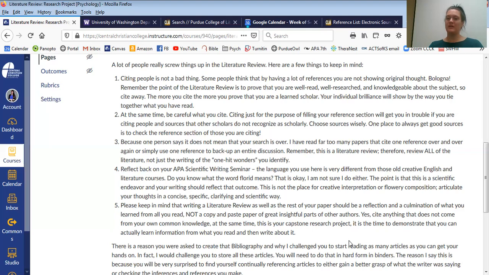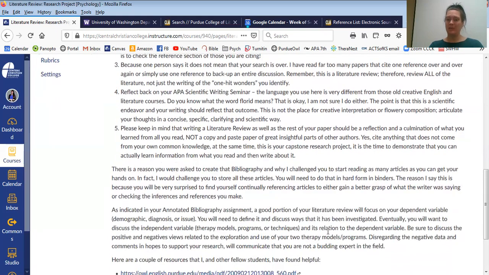Literature review, as well as the rest of your paper, should be a reflection and culmination of what you learned from all you read, not a copy and paste paper of great insightful parts of the other authors. Yes, cite anything that does not come from your own knowledge. At the same time, this is a capstone research project. It is the time to demonstrate that you can actually learn information from what you've read and then write about it.